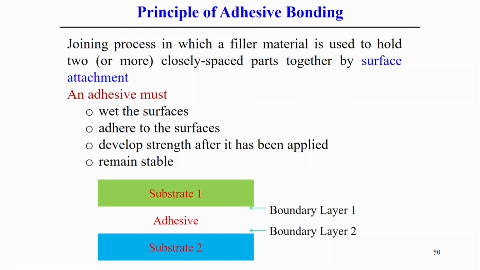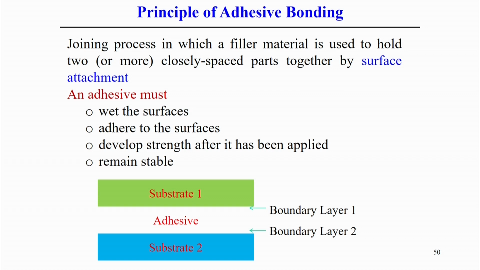Here the joining between the two components is done using adhesives as the filler, with or without the application of heat; heat may or may not be necessary. In that way it is different from any kind of fusion welding, brazing and soldering process.